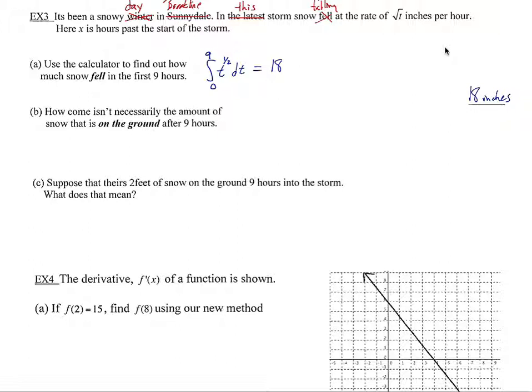And if you just think about what's going on, the answer is pretty straightforward, because there may have been snow already on the ground.